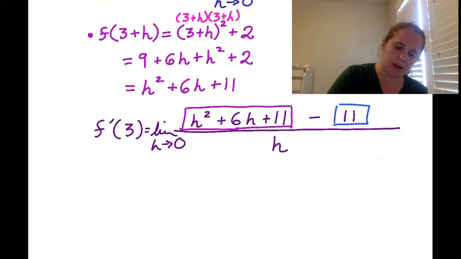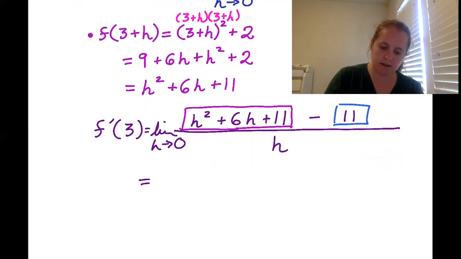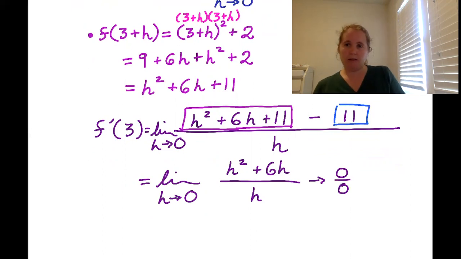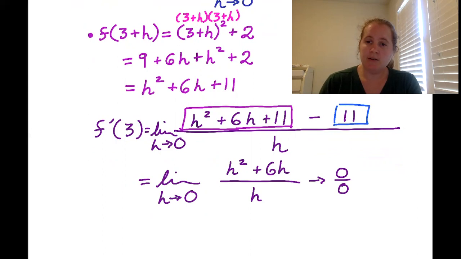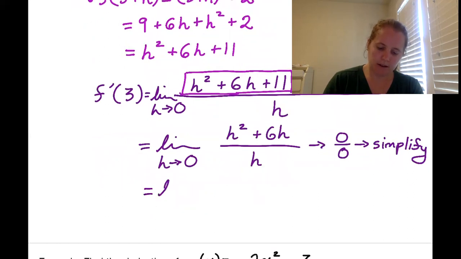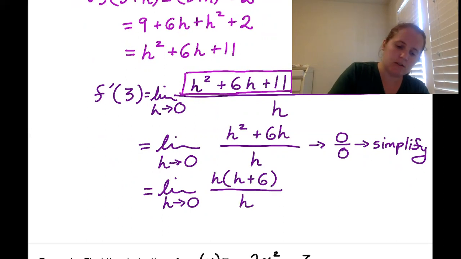At this point, we simplify, and we are looking at the limit as h goes to 0 of h squared plus 6h over h. This goes to 0 over 0, which is indeterminate. That could be 0, infinity, or anything in between. So we are going to go ahead and simplify. If we factor out an h, this is the limit as h goes to 0 of h times h plus 6 all over h.